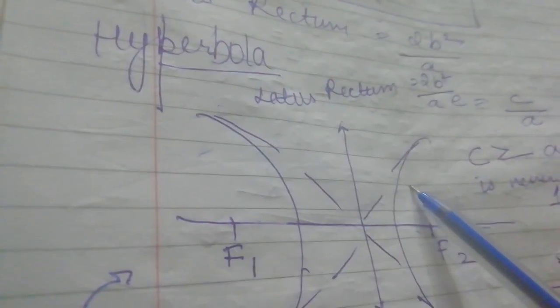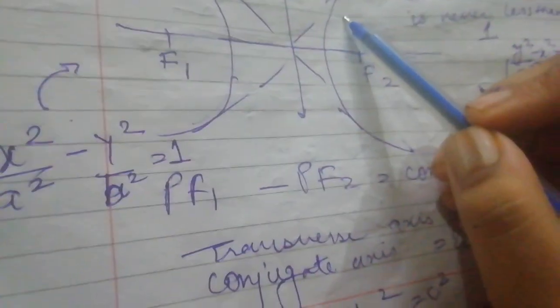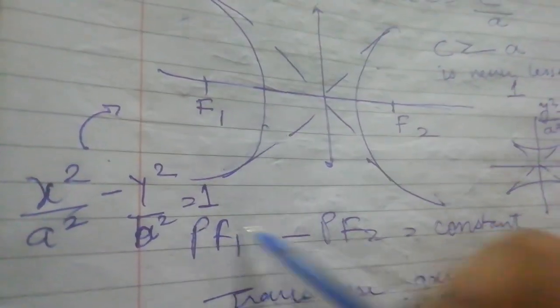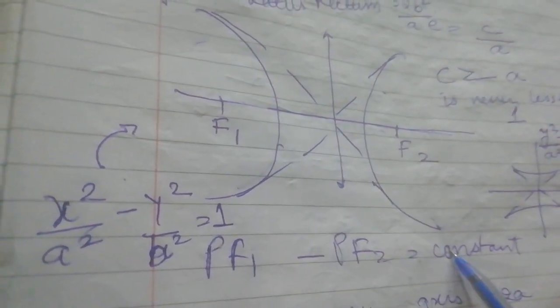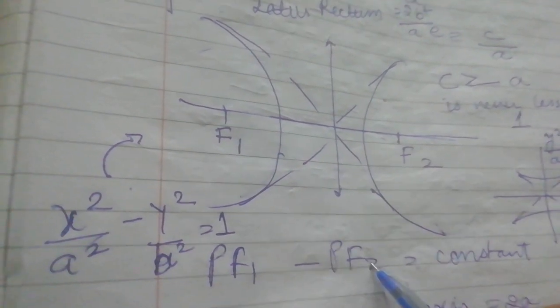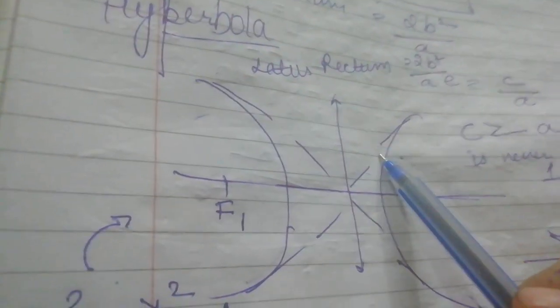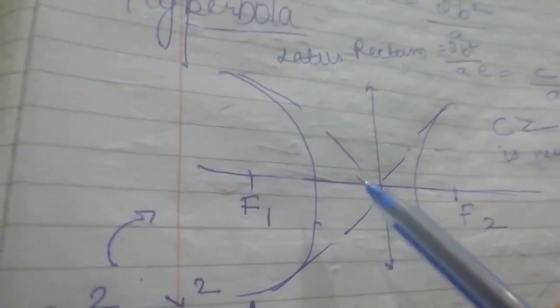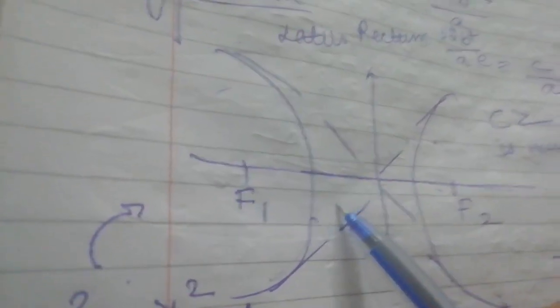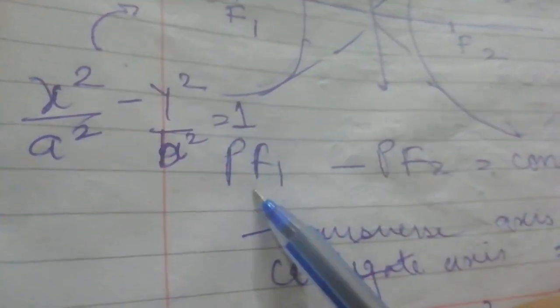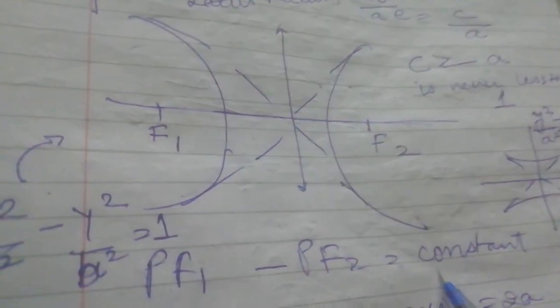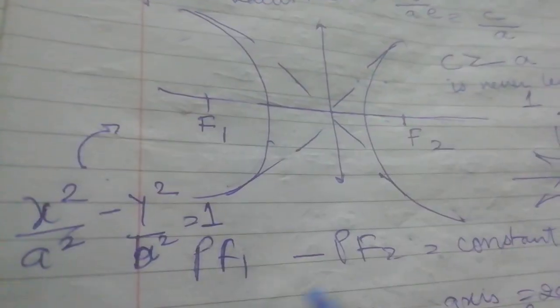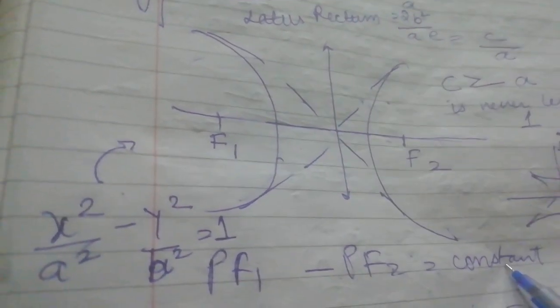You just need to know that PF1 minus PF2 is constant. In the case of an ellipse PF1 plus PF2 is constant, but for a hyperbola it is PF1 minus PF2 equals a constant.